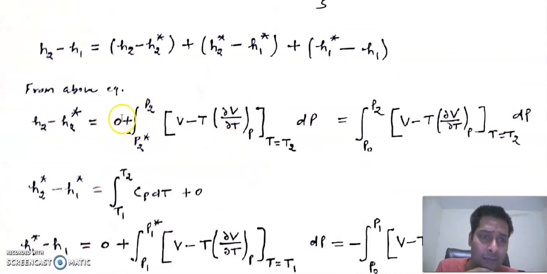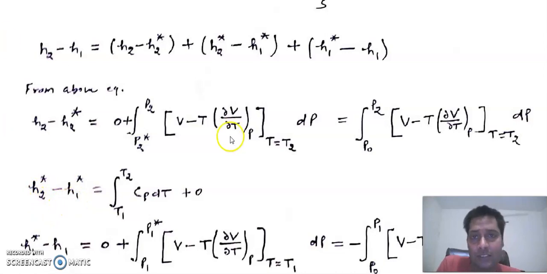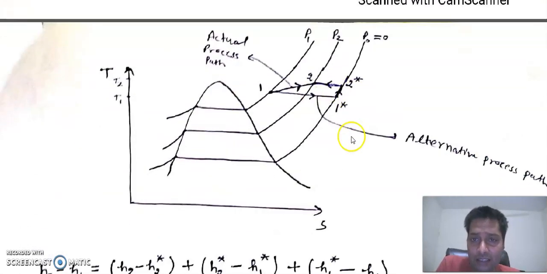The change in enthalpy will be equal to 0 plus the second term, so we will get this term. Second, H2 star minus H1 star is this path. This is a constant pressure path, so dP will be 0, and we only have term 1.